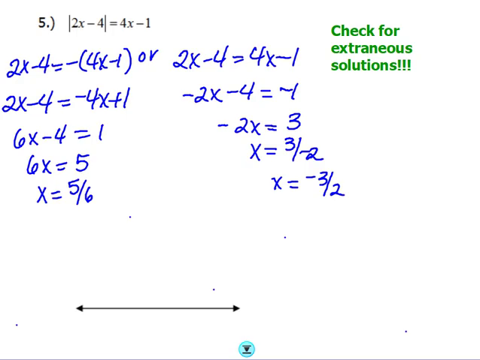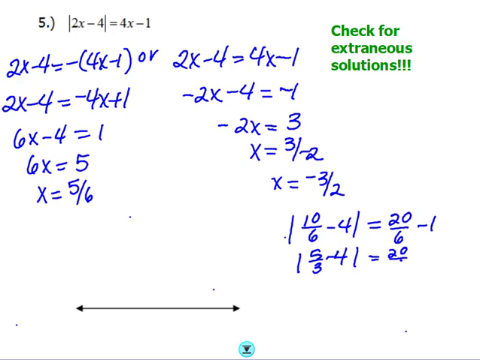All right, so let's plug it into the original equation. I'm going to do 5/6 first. 2 times 5/6 is 10/6 minus 4 is equal to 4 times 5/6 is 20/6 minus 1. Got some fractions to simplify here. Simplify by 2, I get 5/3 minus 4.